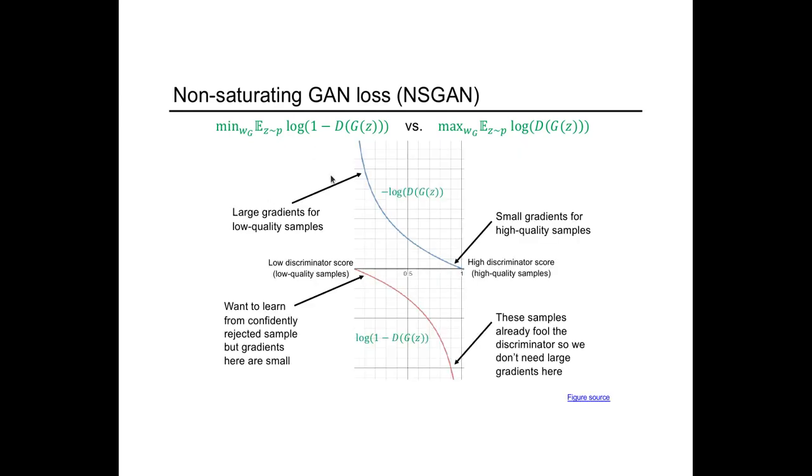Here you can see the minus log D(G(z)), where the gradient is large for low quality samples and small for high quality samples. While for log of 1 minus D(G(z)), the gradient is large where there is a low discriminator score for low quality samples, and these samples already fool the discriminator, so we don't need large gradients here. We want to learn from confidently rejected samples, but gradients here are small.